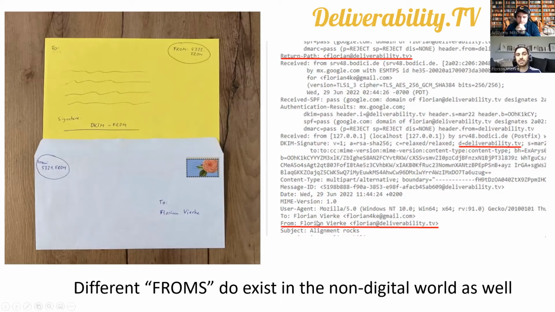In email, we have the same. We have the envelope information that's communicated during the SMTP dialogue. That's part of the protocol. And later it's copied into the mail header and usually called something like Return-Path. There it's the first time that you tell who you are.